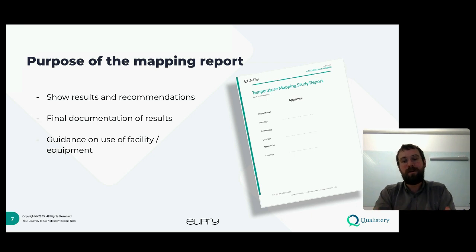We sometimes see the pitfall where some data has been gathered, the report has been finalized, and then afterwards there were some findings in terms of deviations or extra insights, but those should all come in the study report, so that when an auditor or an internal quality unit doing internal review, for example, opens up this report, it has everything associated with the specific mapping that has been performed. That's quite important to remember.